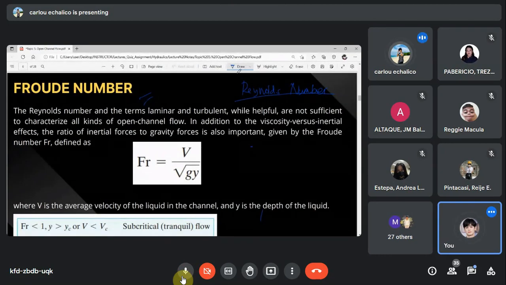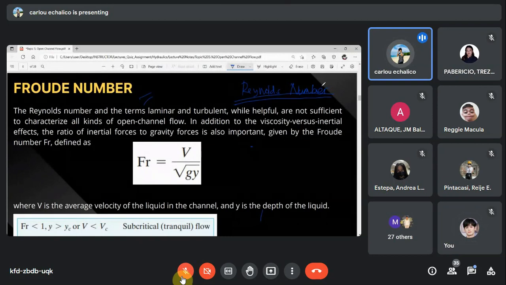Is that right, sir? Very good. We use this to determine or to classify our flow: turbulent and laminar. Okay. Thank you.